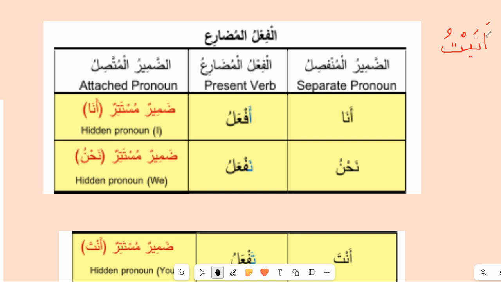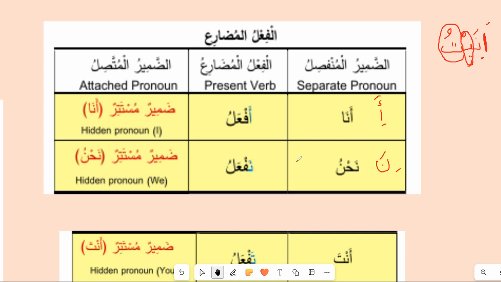The alif of anaitu represents ana, the noon represents nahnu, the ya represents the whole of the ghayab group, and the ta represents the whole of the mukhatib group, and we will come to that inshallah after the mutakallim. So first of all, the two letters alif and noon represent ana and nahnu.